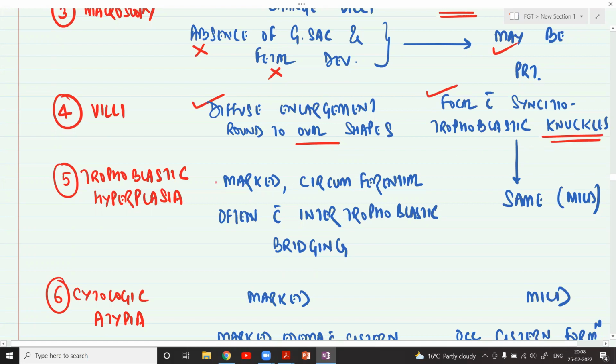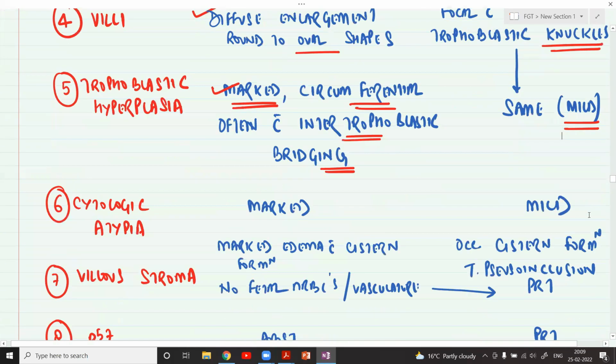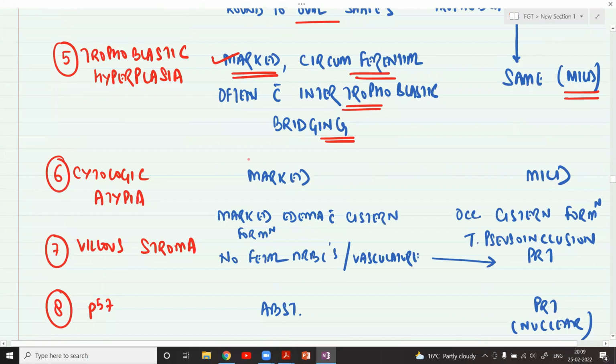The trophoblastic hyperplasia is marked in this case and often circumferential, and there is an intertrophoblastic bridging that I have shown you. Whereas over here, it is quite mild. Also, I have discussed that the cytological atypia in complete mole is much more marked as compared to partial mole. And the stroma, as I told you, you will not be able to see any fetal RBC or any vasculature over here in complete mole, and there will be marked edema with cistern formation.